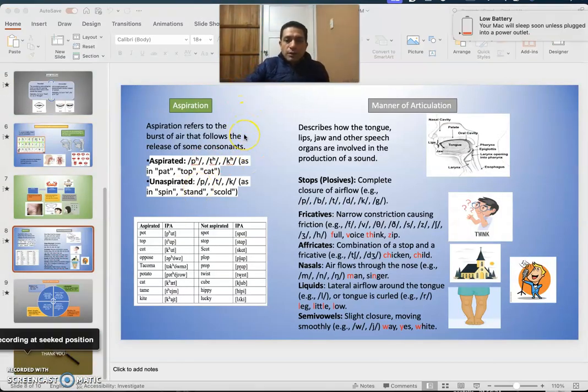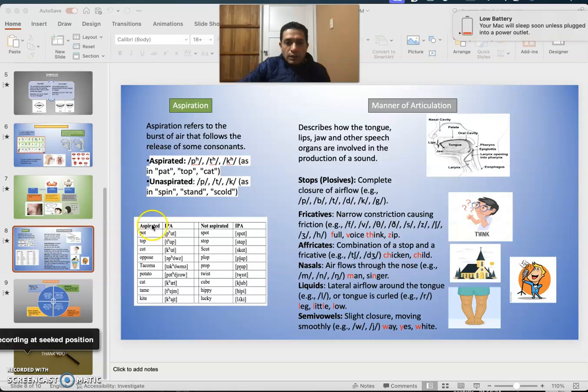Let's continue with the aspiration. The aspiration refers to the burst of air that follows the release of some consonants. For example, aspirated: pat, top, cat. Unaspirated: spin, stand, skirt.